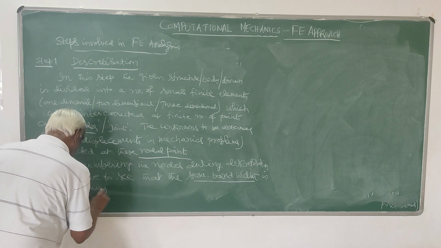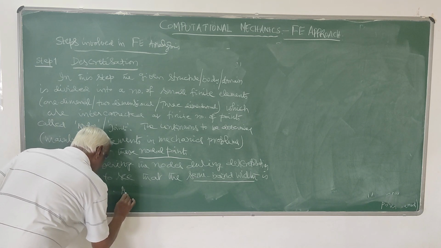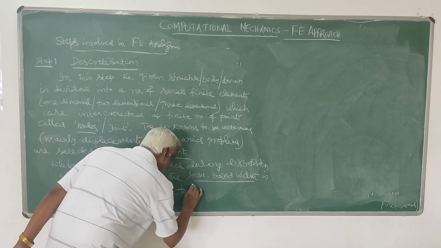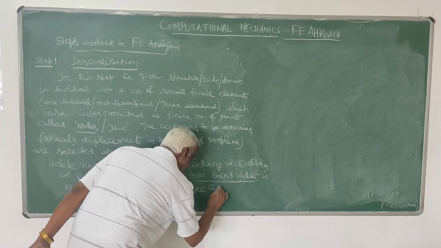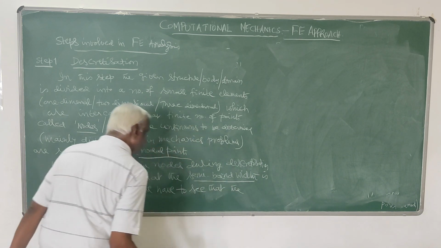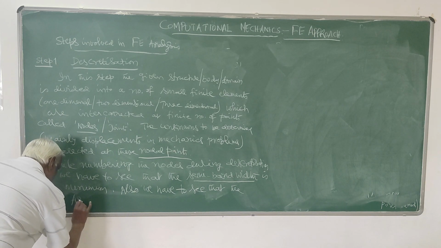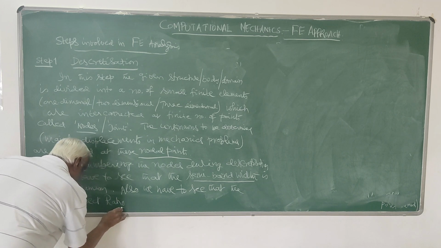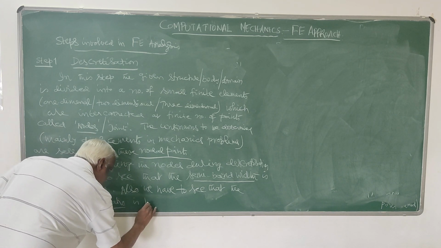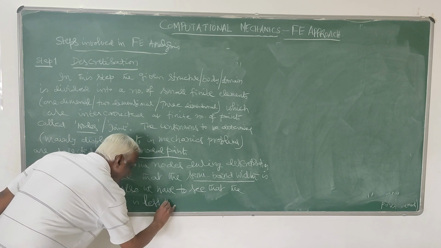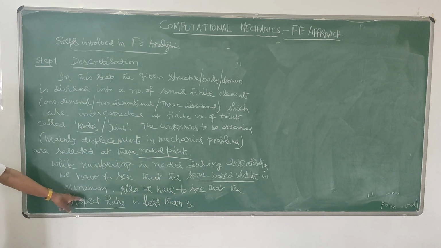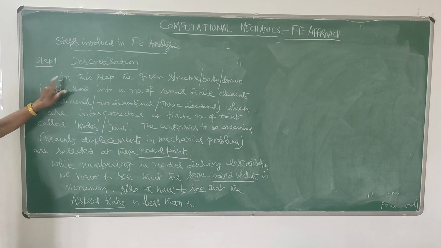Also, we have to see that the aspect ratio is less than 3. So these are the two aspects which we have to take care of while discretizing the element.